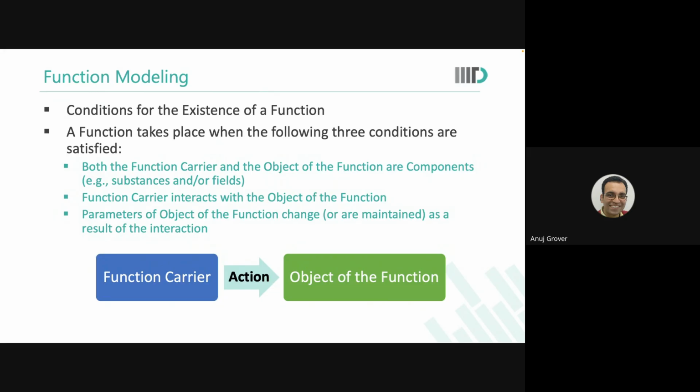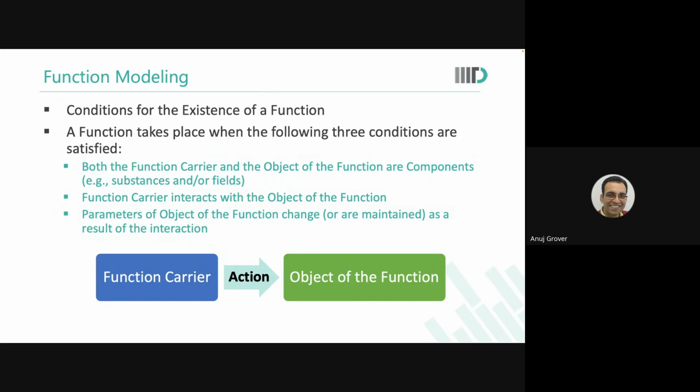Okay. Second, function carrier interacts with the object of the function. If there is no interaction, if there was a minus in the interaction matrix, the function cannot exist. Is that okay?